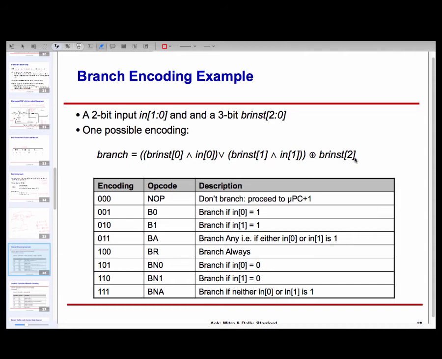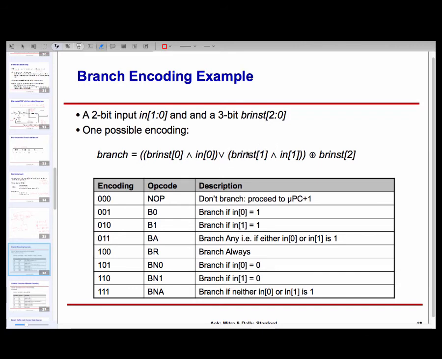So let's imagine branch instruction was all 0. Somewhere in the memory, in the current state, branch instruction was 0, 0, 0. Now if you look at it, what will happen in this logic? Branch instruction 0 is 0, so this AND disappears. Branch instruction 1 is 0, so this disappears.